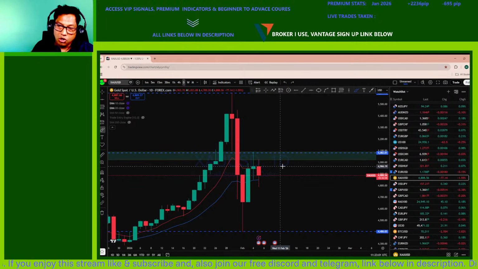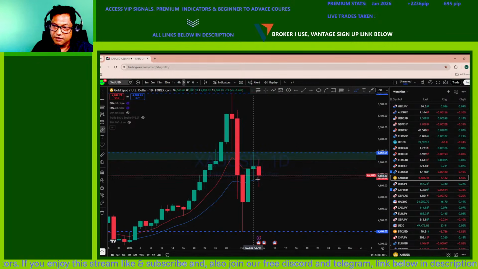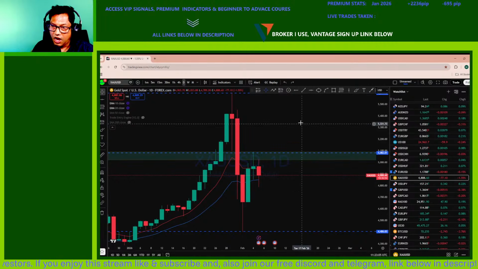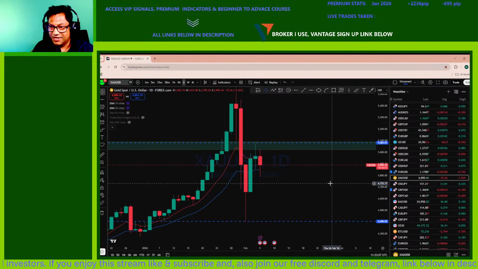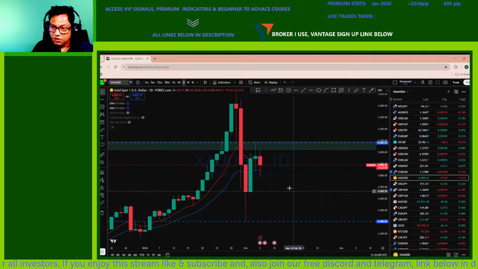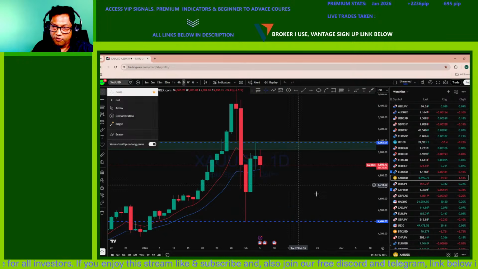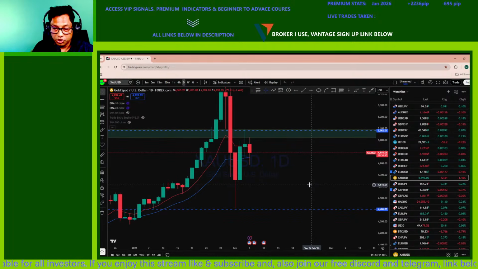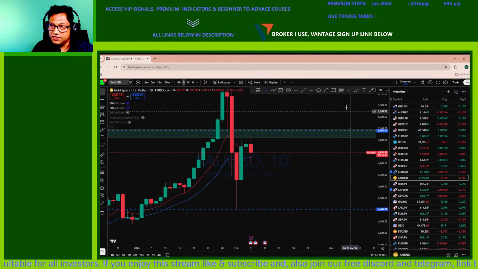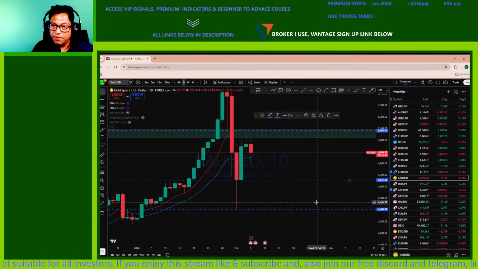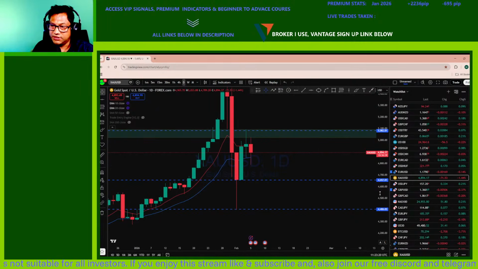After this doji, the market is showing that it could potentially go further down to this support, which is a high probability to happen on XAUUSD.